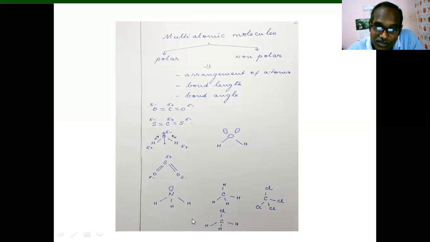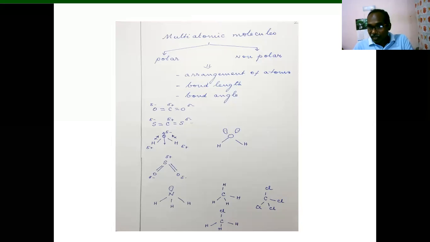Therefore, in all these molecules of multi-atomic nature, the polarity of the bond arises due to the difference in electronegativities, but the net polarity of the molecule depends upon the arrangement of atoms, the bond length, and the bond angle. Therefore, multi-atomic molecules, sometimes they may be polar, sometimes they may not be polar.